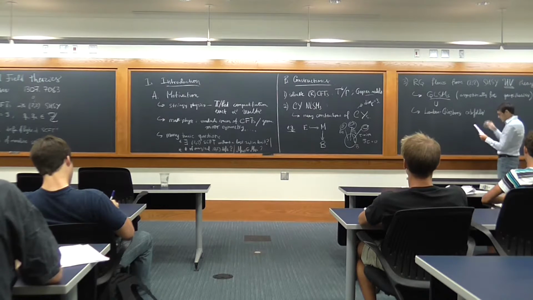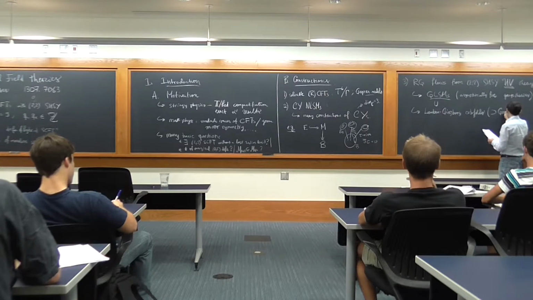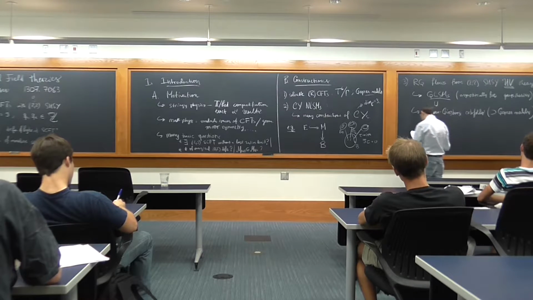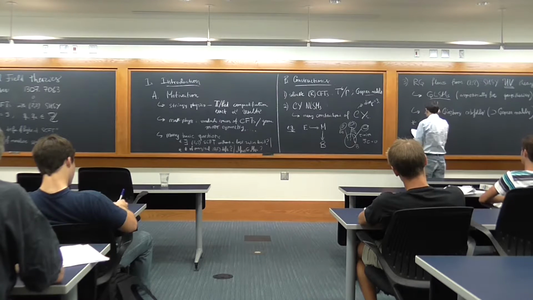Right. So Landau-Ginzburg orbifolds, which actually, as special cases, realize these Gepner models that I mentioned, one of the solvable CFTs. So how do we build them? Let me start getting a little bit specific.